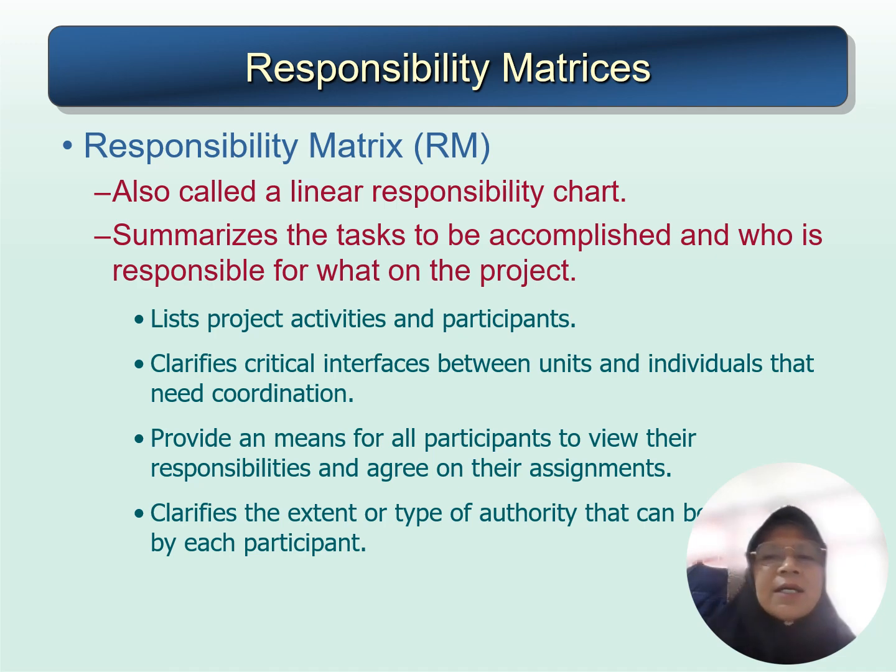This responsibility matrix will also list out project activities and the participants, and clarify the critical interfaces between units and individuals that need coordination. It provides the means for all participants to view their responsibilities and agree on their assignments. It also clarifies the extent or type of authority that can be associated with each participant.